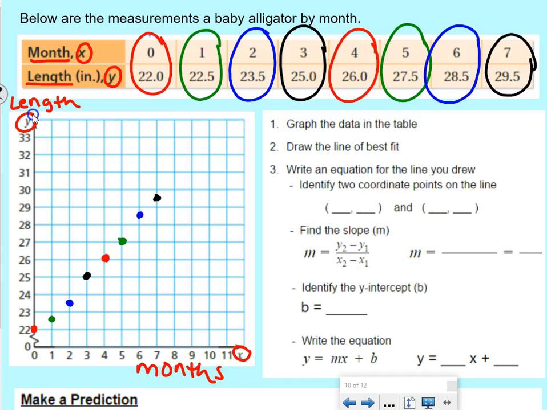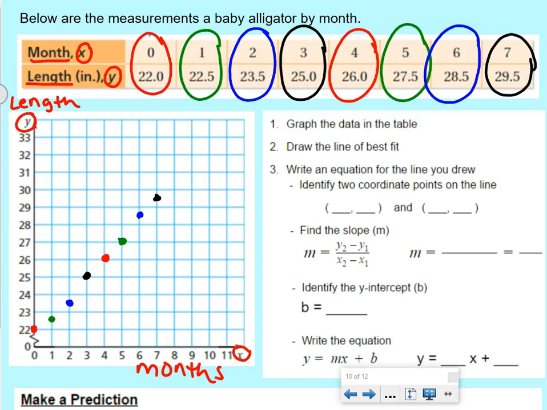All right, so if we look at our data that we just plotted on our graph, we want to draw the line of best fit. As I'm looking here, we see this trend right through these 3 points in the middle.